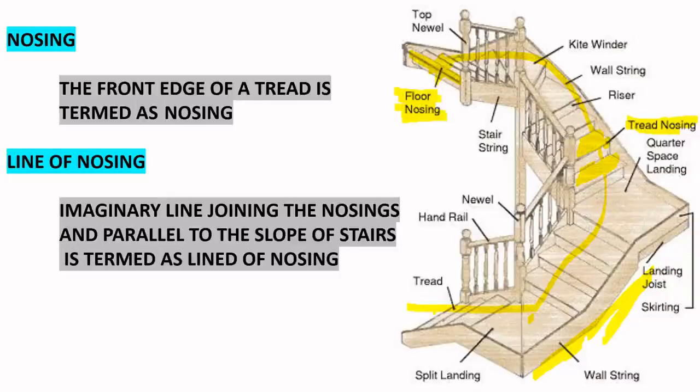The slope of this flight is the same. So these points are nosings, and the imaginary line joining the nosings, parallel to the slope of the stairs, is the line of nosing.